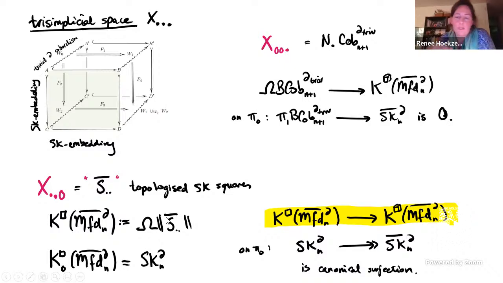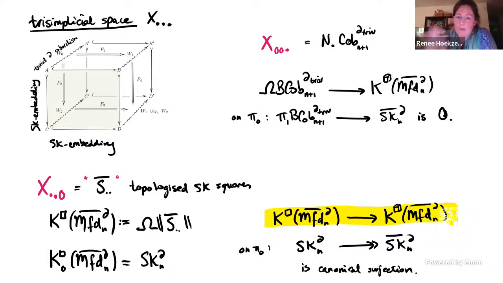So we can also do the previous spectrum that we defined. We can define a topologized version of this by taking loops of the factorization of this topologized bisimplicial space. And we show that again on K0, we get SK boundary out of this.